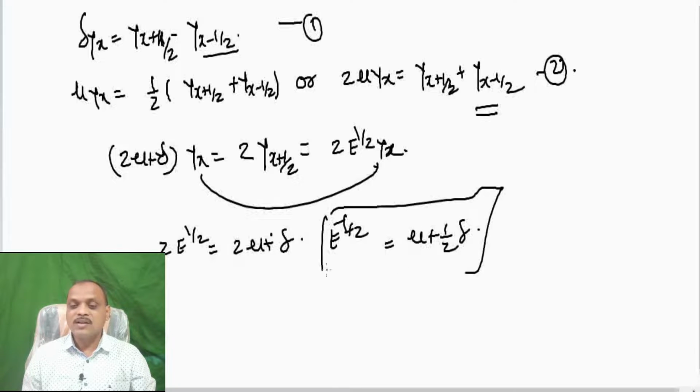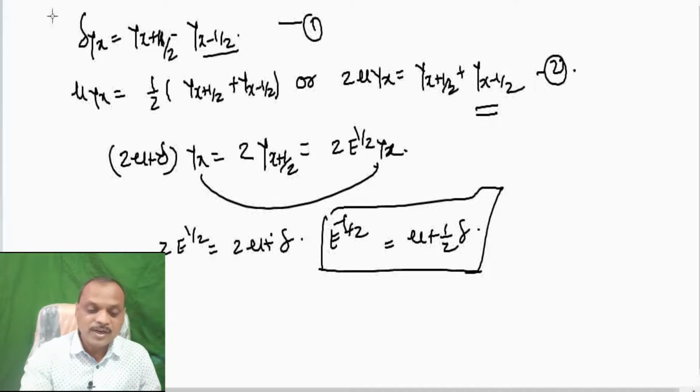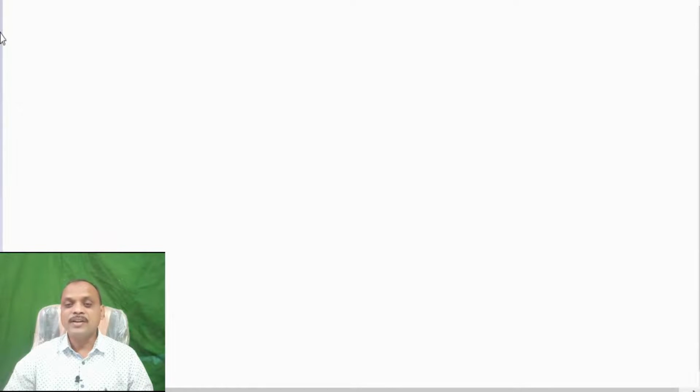Now this is the second relation between the operators which we get for the displacement operator, the central difference operator, and the average mean operator.